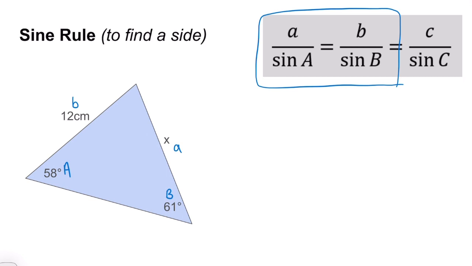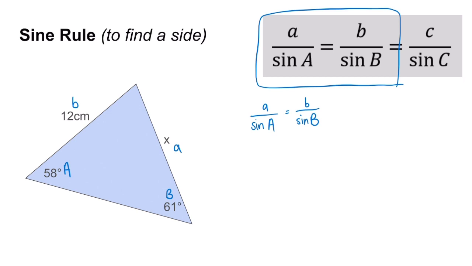So this is my rule that I'm going to start with: little a over sine of capital A equals little b over sine of capital B. I'm going to write that rule out again exactly as it is, except swapping in my A's and B's for what I had labelled on the diagram.